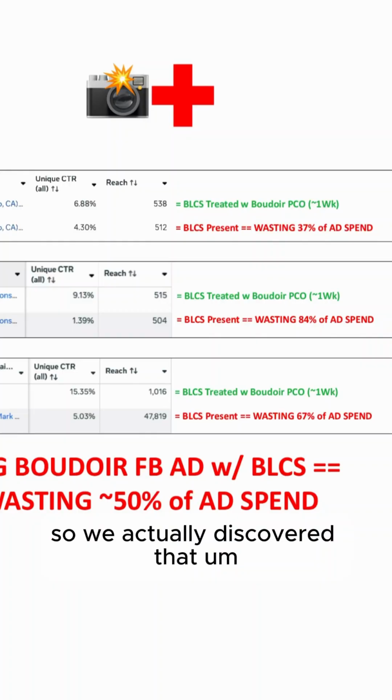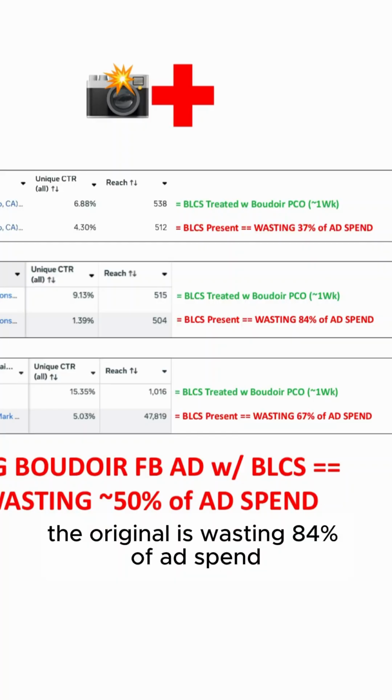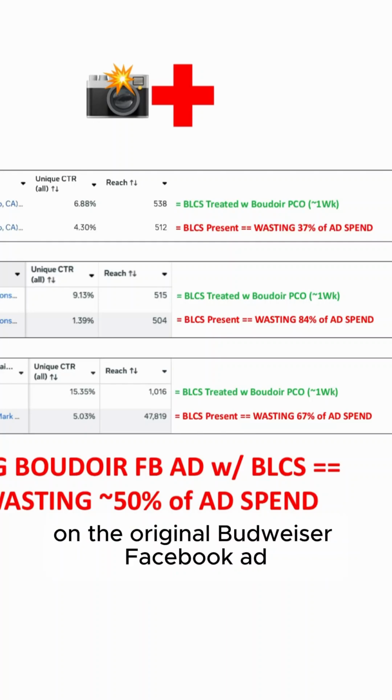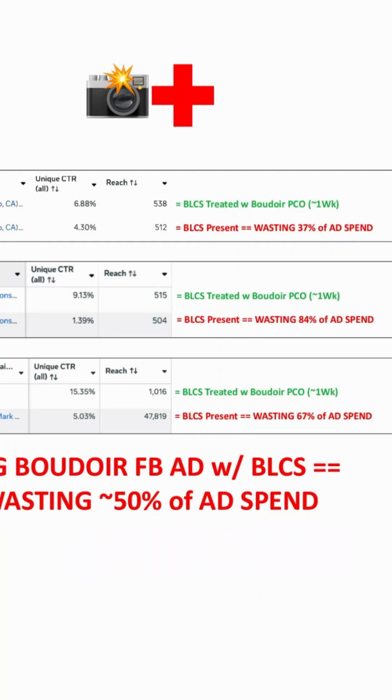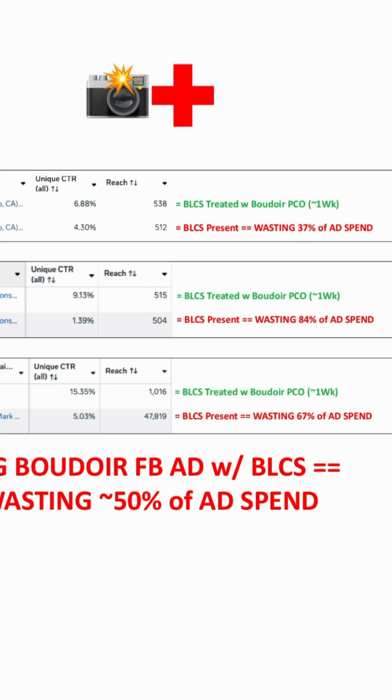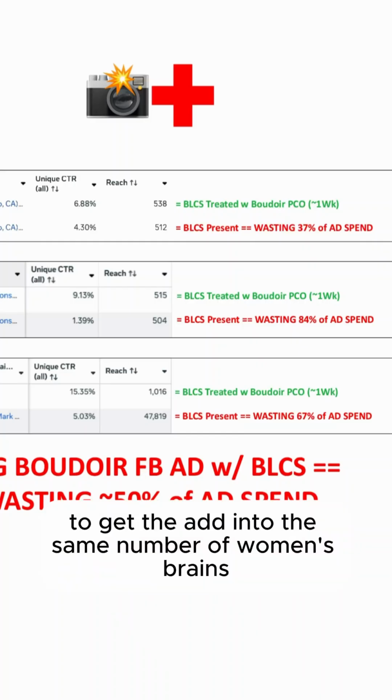So we actually discovered that the original was wasting 84% of ad spend. If they're spending 10 grand a month on the original Boudoir Facebook ad, they now only have to spend $1,600 a month on the Boudoir PICO treated ad to get the ad into the same number of women's brains.